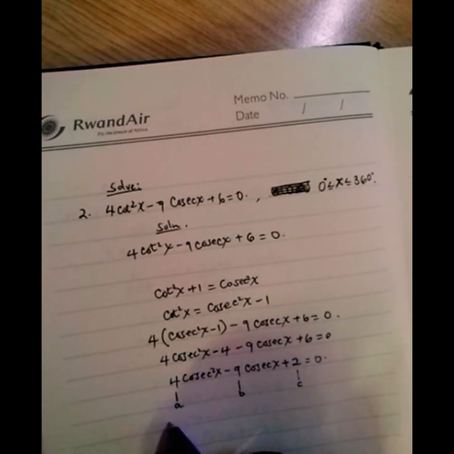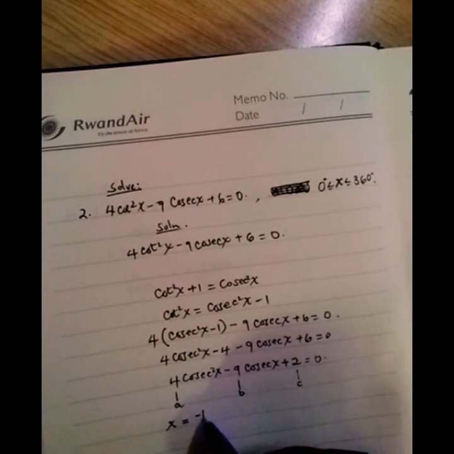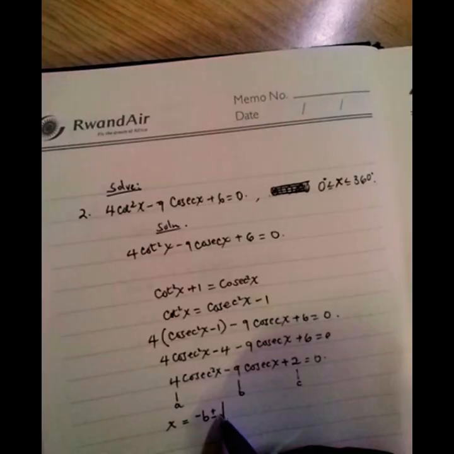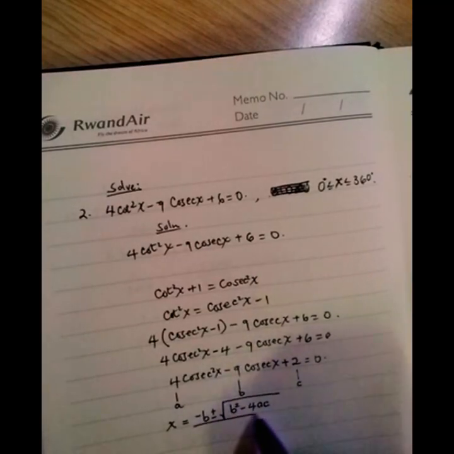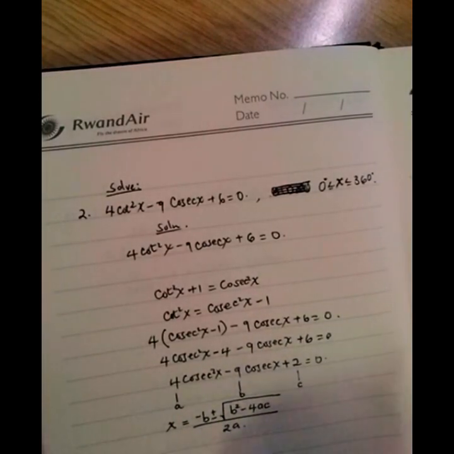So the quadratic formula states that x equals negative b plus or minus the root of b squared minus 4 times a times c, all over 2a.